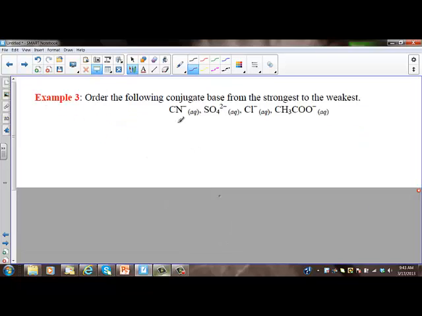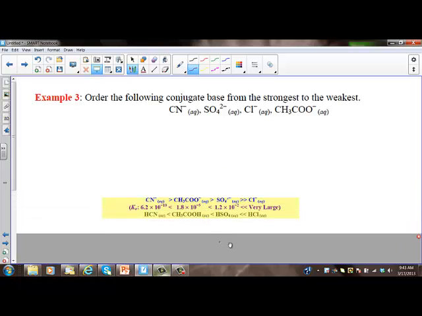Let's look at it for some bases. So the same thing, the higher the Kb, the stronger the base. So if we were to look at these Kb's, what we would find is CN minus. Well, they looked at the Ka values of HCN. So CN minus is a conjugate base that came from HCN. I probably should write this down because it might not be that clear.